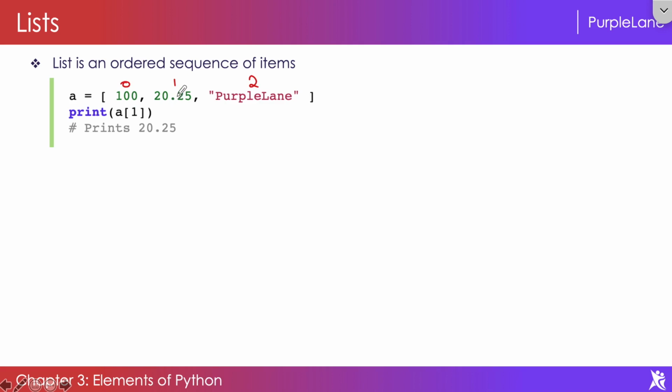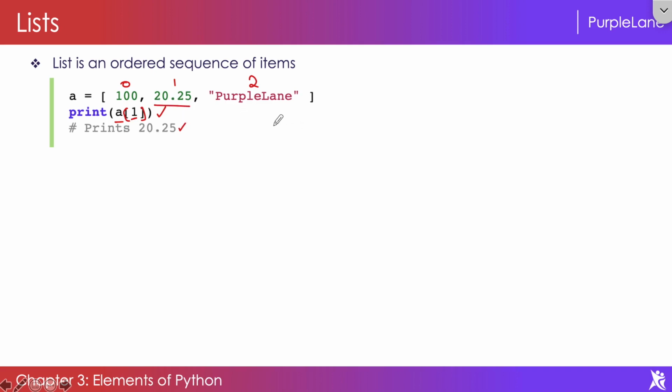If I want to access the element at index 1, I can do so like this. Observe that we have the variable a followed by square brackets, and within that we have the index position. This will print the value which is at index 1. Here we have 20.25, so it prints 20.25.